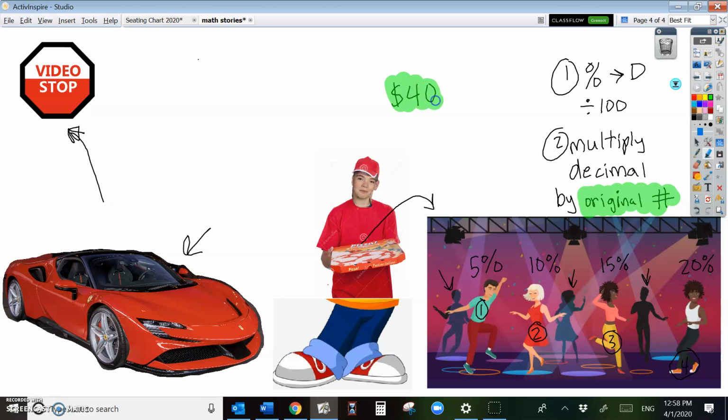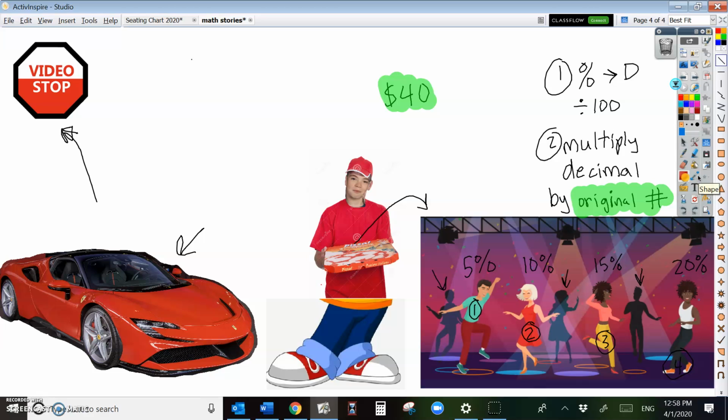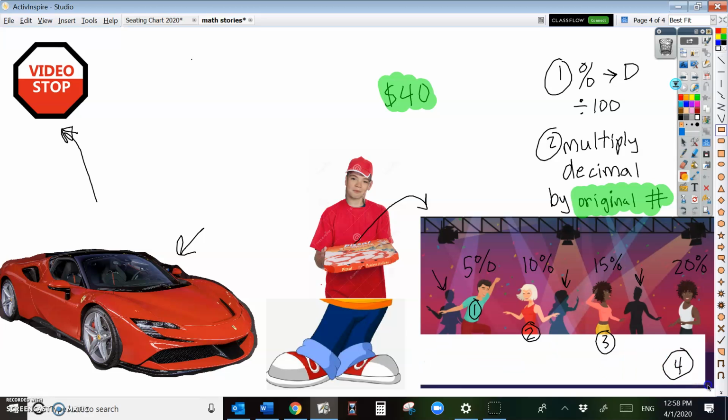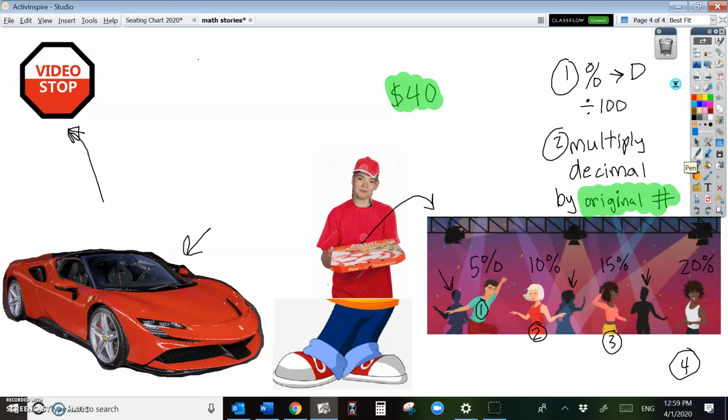That's 40. So we need to convert these percents into decimals. So let's do that. Let's make some white space down here so we can write the decimals for each of these people and their tip amount. Okay, blue shirt guy, move that decimal twice to the left, and he's going to have a 0.05 for the decimal.